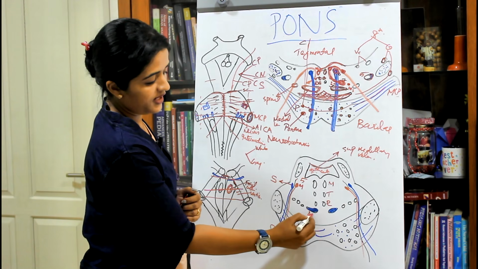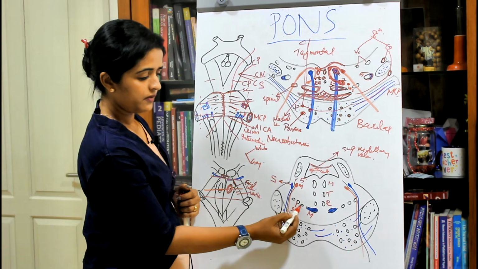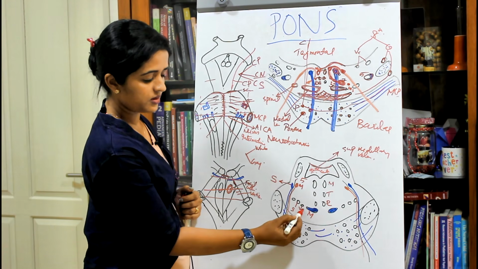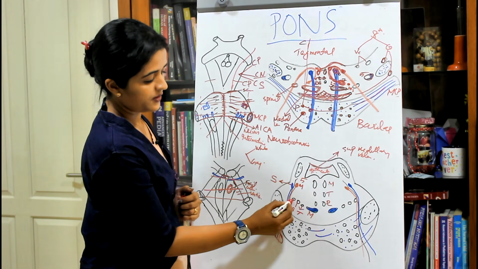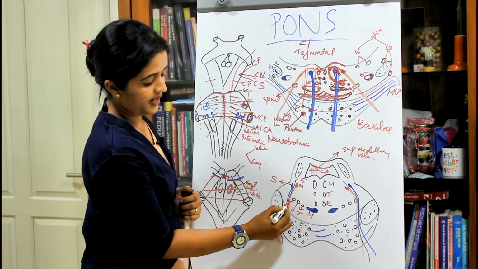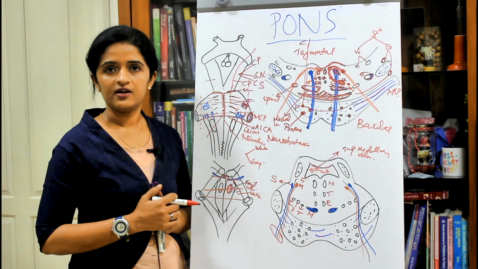So this is the medial lemniscus and this is the spinal lemniscus, but we have two more. What is this? This is known as trigeminal lemniscus and this is known as lateral lemniscus.